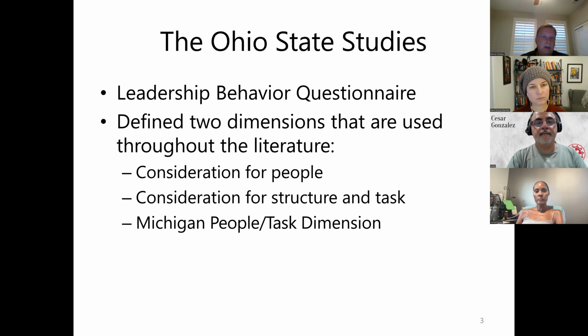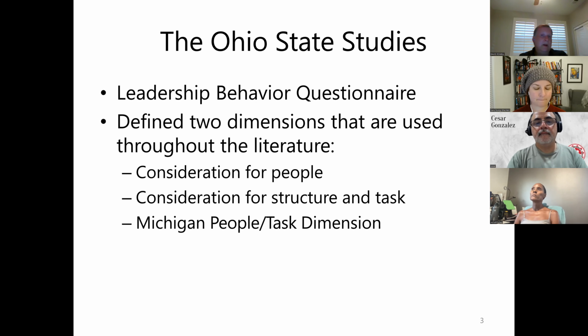They date back to the 1950s, and what the Ohio State scholars did is they used the leadership behavior questionnaire, sent it out to leaders to try and understand what the dimensions of leadership are, and what leaders focus on. They found two primary dimensions that have been used throughout most of the more modern studies of leadership.